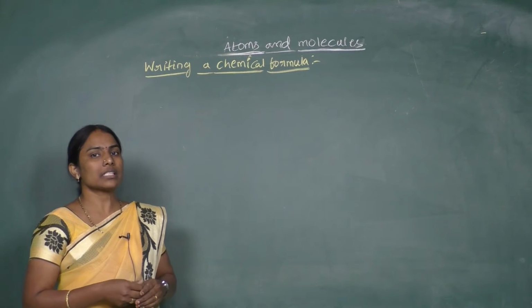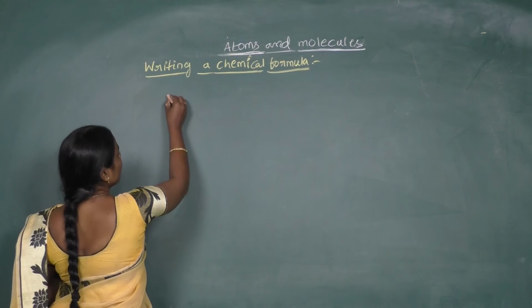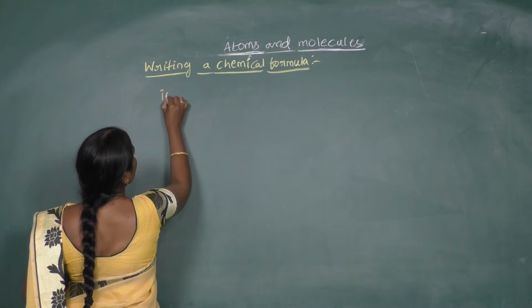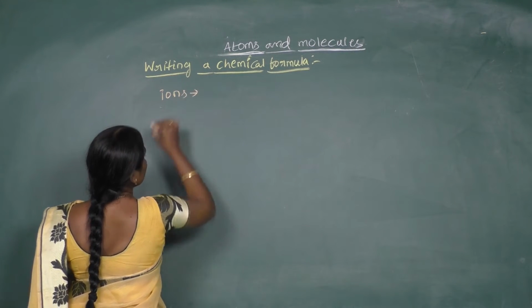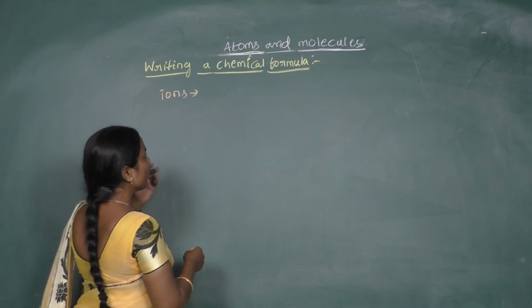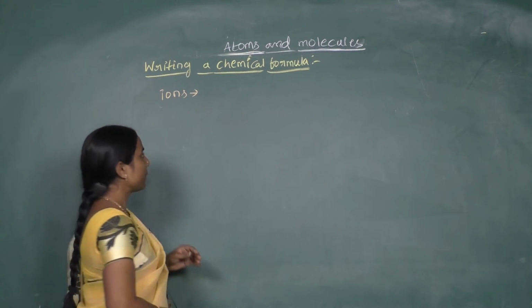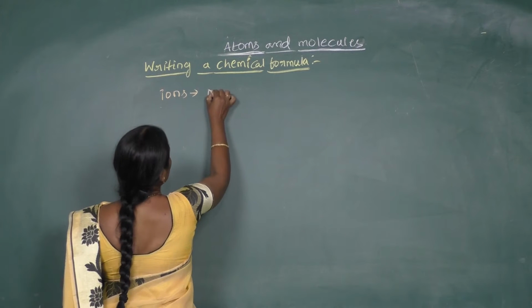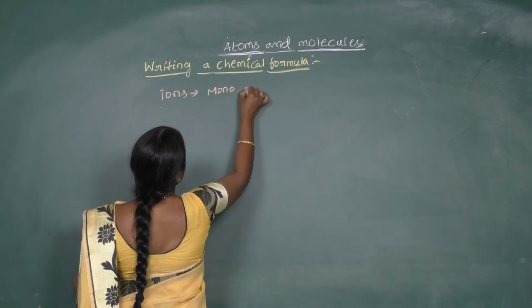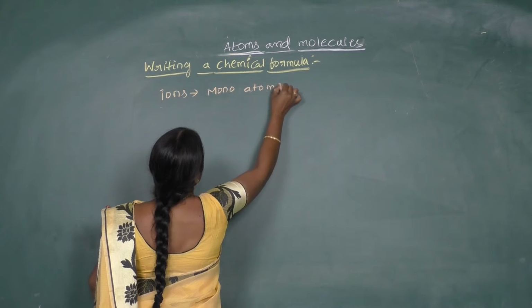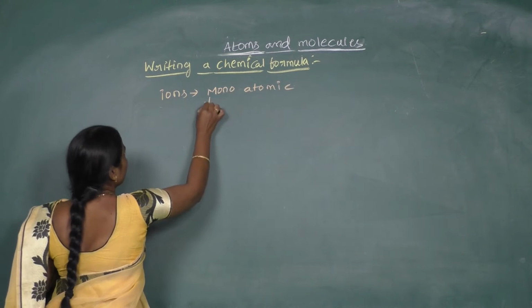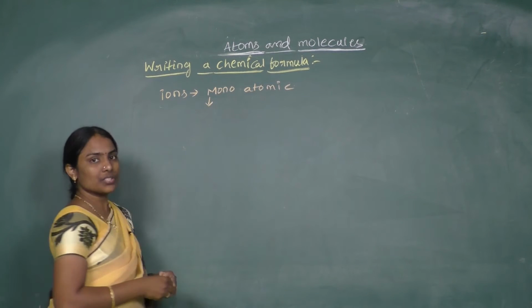So in the previous session we have discussed that ions can be of different types, that is, they are monoatomic or polyatomic. If the ions are monoatomic, then those ions are charged species.